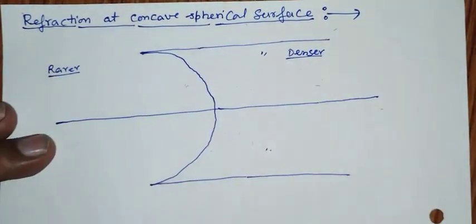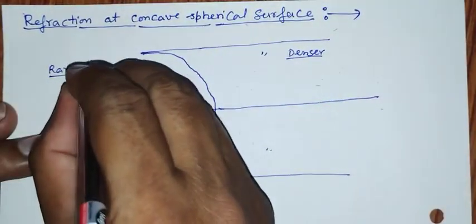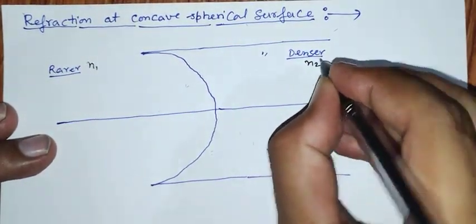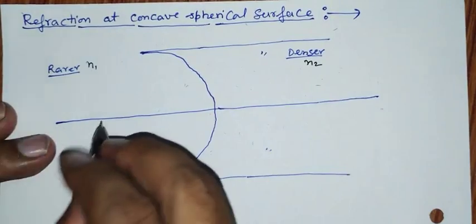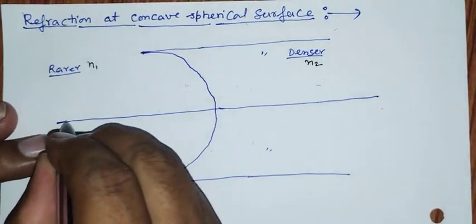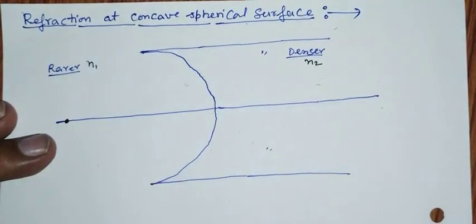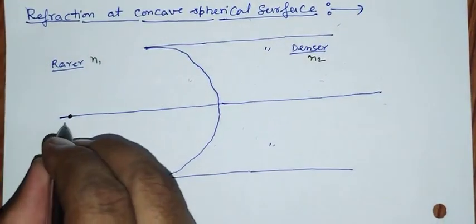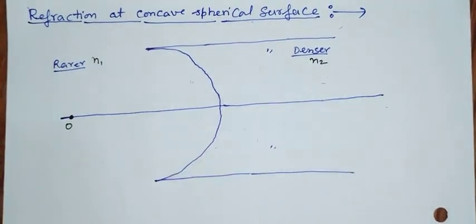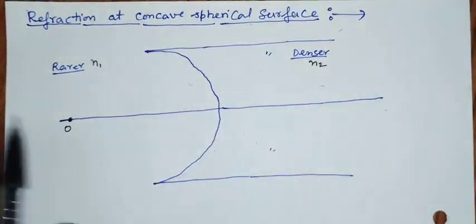The refractive index of the rarer medium we consider as n1 and of the denser medium as n2. Let a point object be kept here at this point. This is object O, because we are always taking the object on the left hand side.